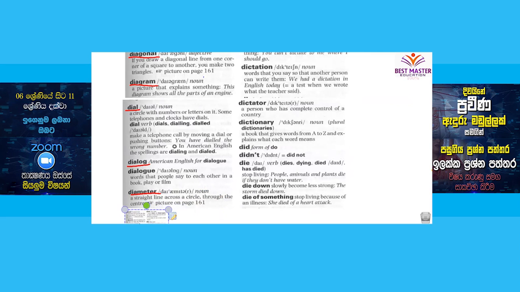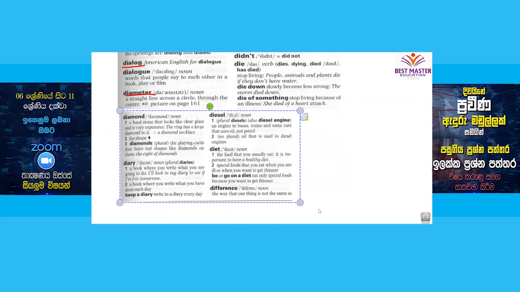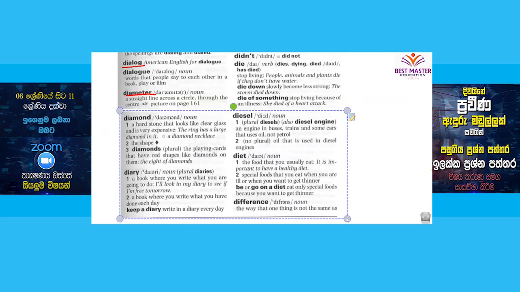What is the next word? Look at here. Yes, the next word is diamond. Diary. That's all in this side.